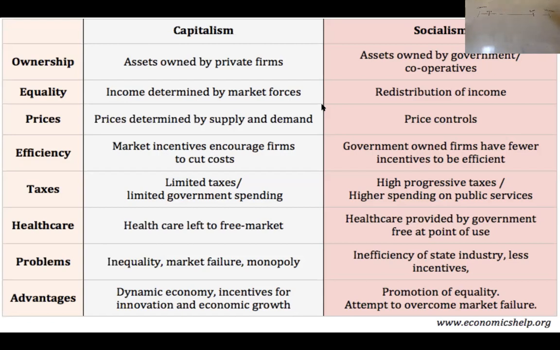You go to other places around the world. So for example, you got places not quite as capitalist, like Japan and South Korea, which are going to be more on this side. Okay. And then you go to places that are even more socialist than Europe.